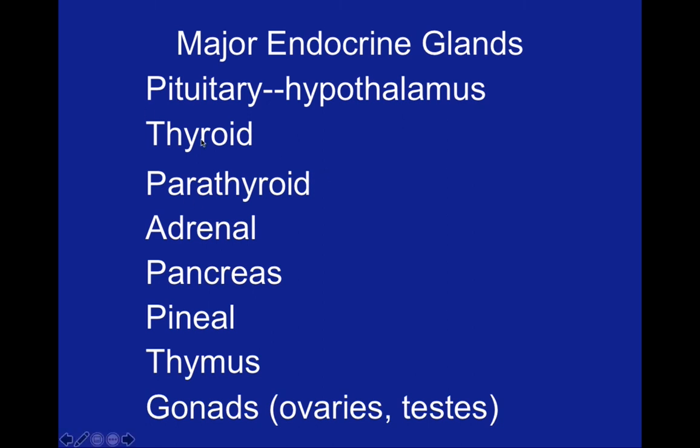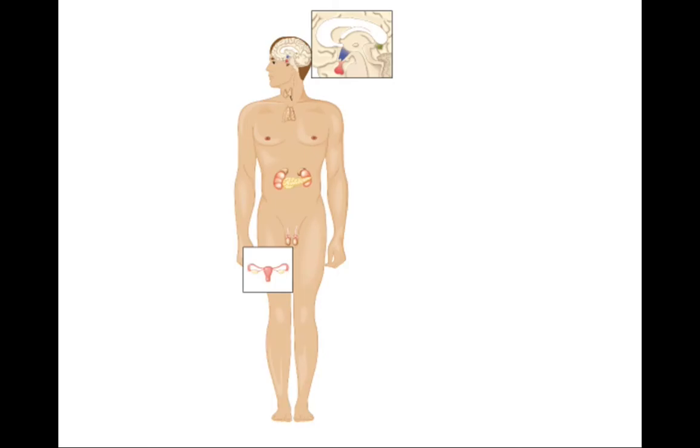The thyroid gland, parathyroid glands, adrenal glands, pancreas, pineal gland, thymus, and the 2 sets of gonads are the endocrine glands that we're going to focus on primarily in this presentation. So let's first learn where all of these endocrine organs can be found, and then we'll start to get into their secretory products. So the hypothalamus is this region here shown in blue.